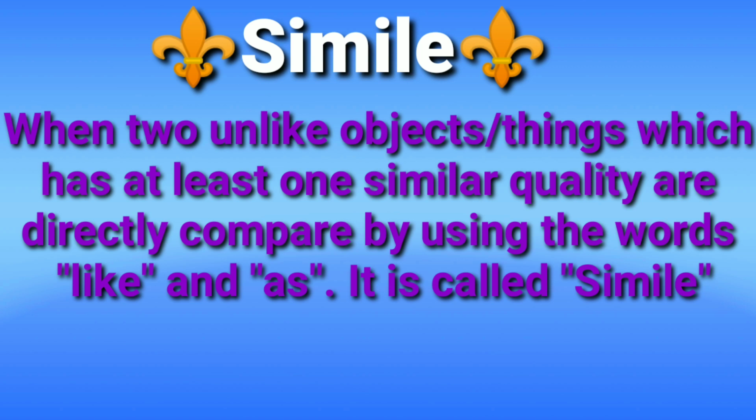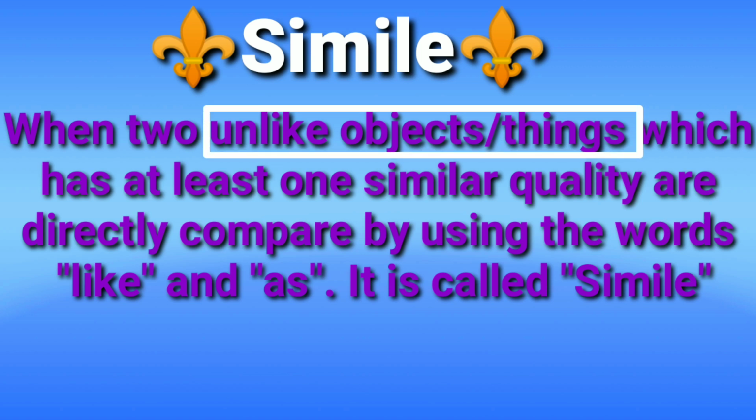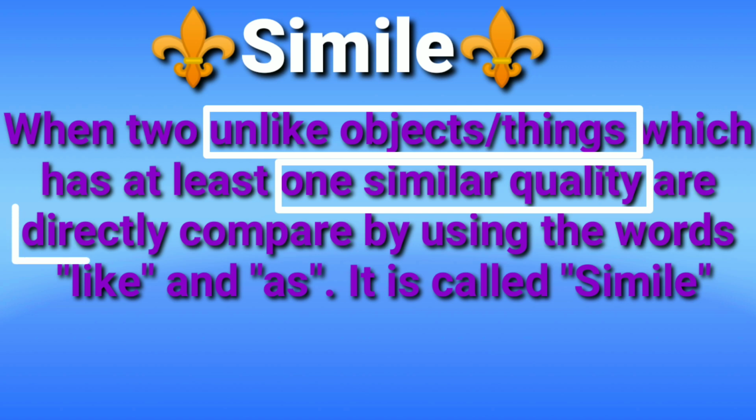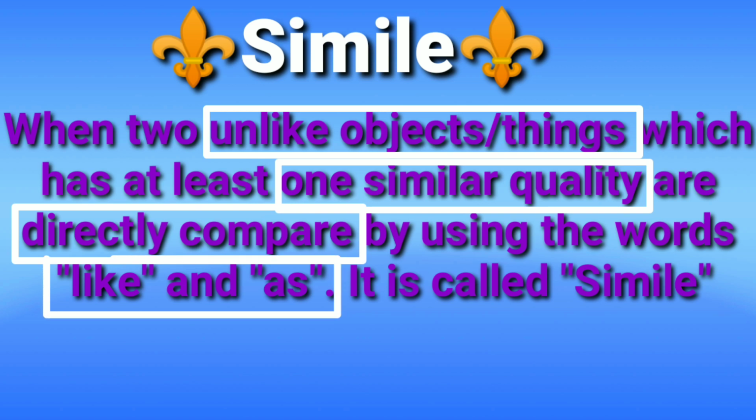The very first important thing is that the two objects must be unlike. The second, those two objects or things should have at least one similar quality. The third thing, they should be directly compared. And the last one, for that comparison, we must use the word like or as.